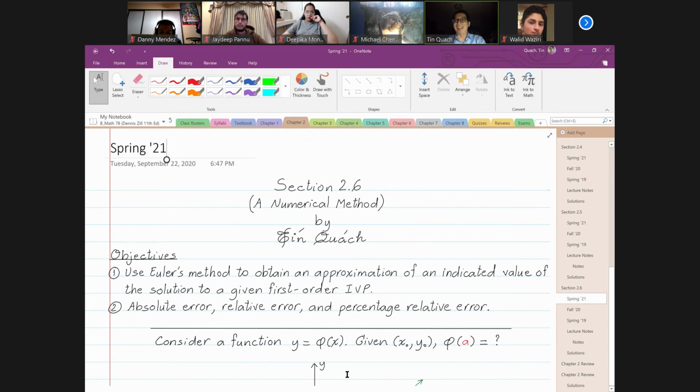Number 2, you want to be able to solve an equation graphically. Number 3, you want to know how to solve an equation algebraically. And number 4, you want to know how to solve a problem numerically.